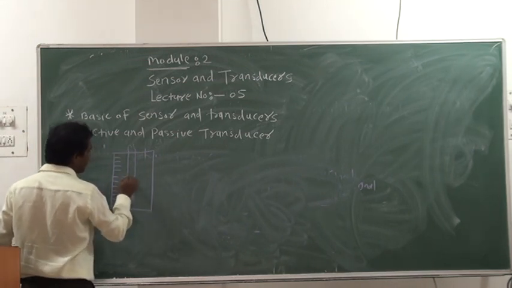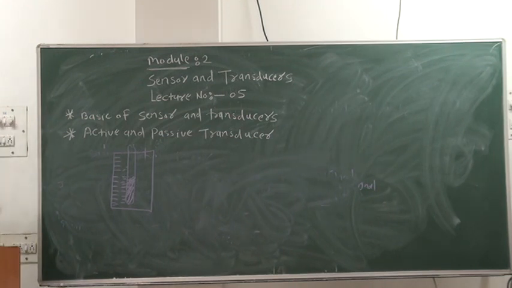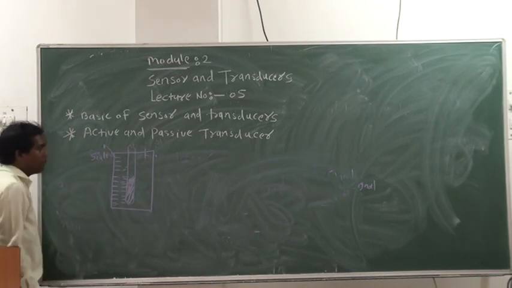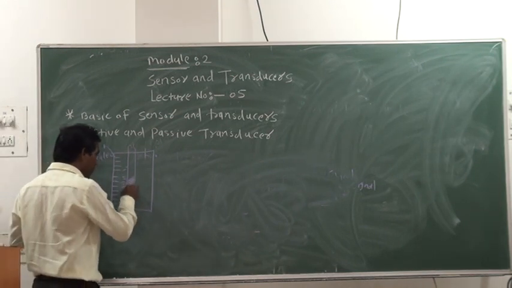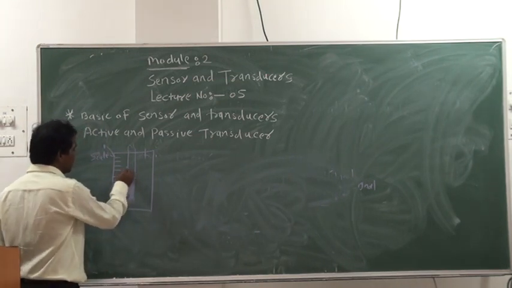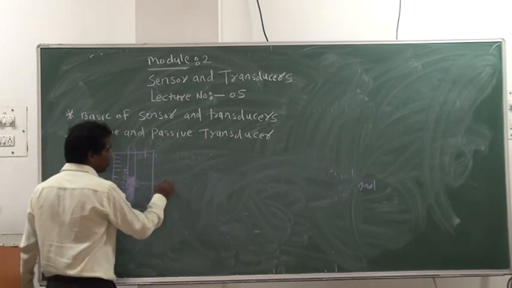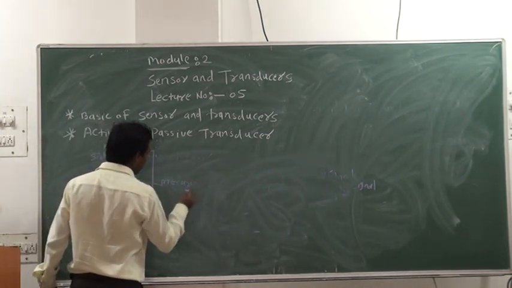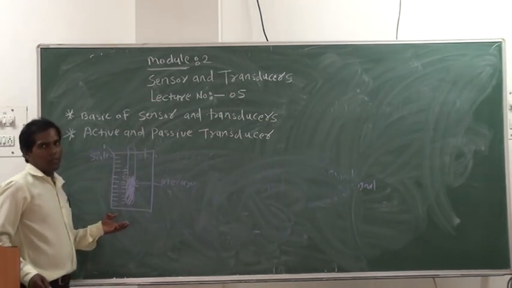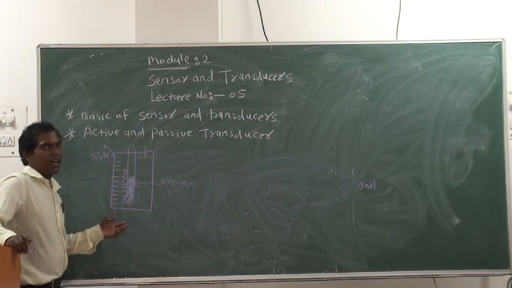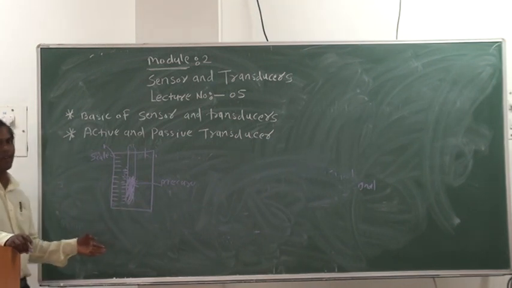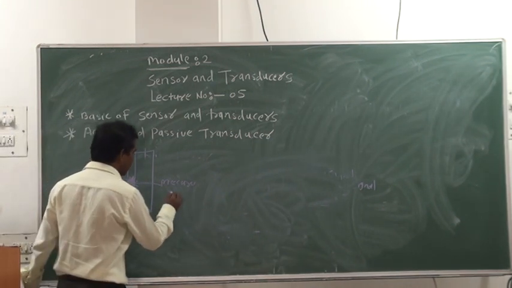So temperature can be measured according to the level of the mercury. This is a scale where the temperature will be measured, and according to the displacement of the mercury level, the temperature will be detected. So this is one example of a transducer in which the temperature, meaning heat, is measured, which is a form of energy converted into mechanical movement, that is a displacement.